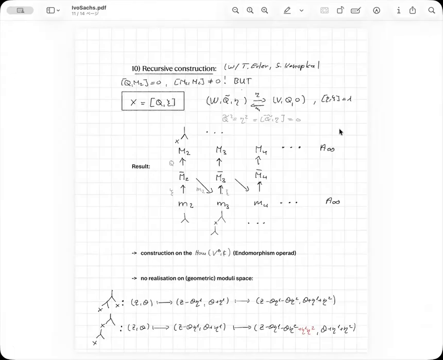And the trick you can use is that while this operation X is not Q exact, so it's not like a pure gauge transformation, it is Q exact in a slightly bigger space. So you can actually lift your vector space with our differential.